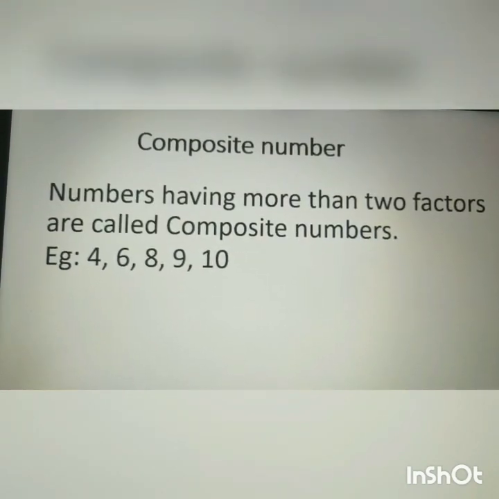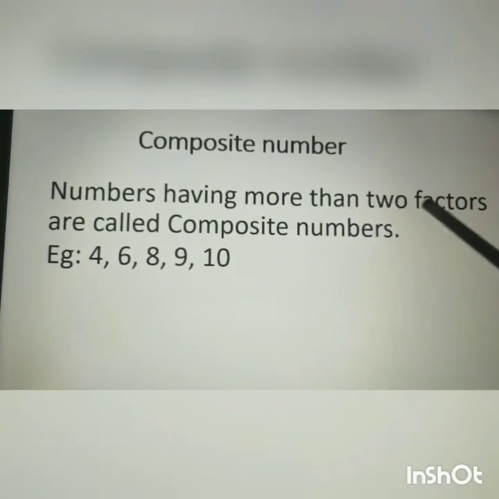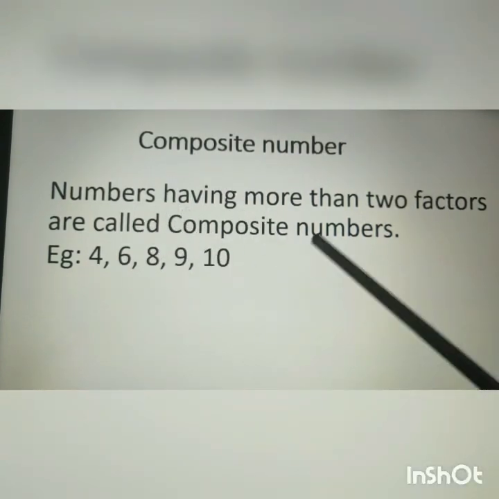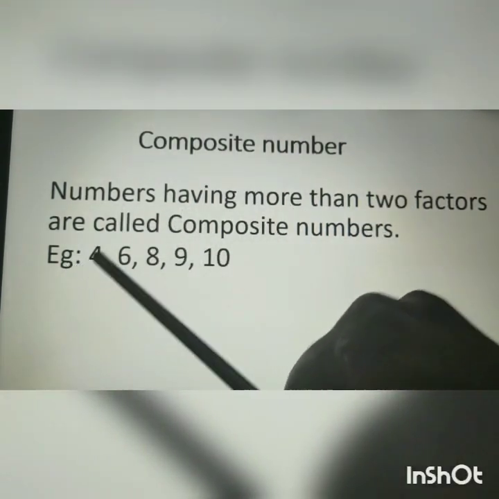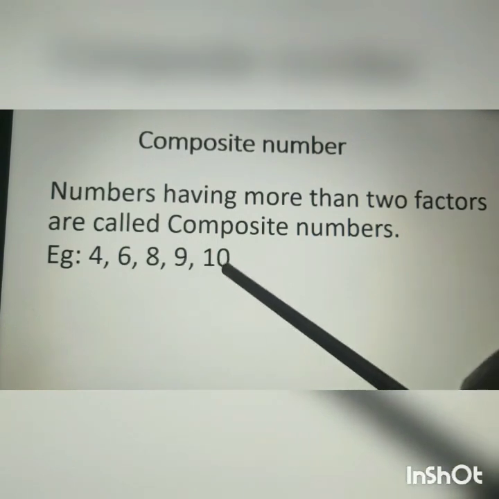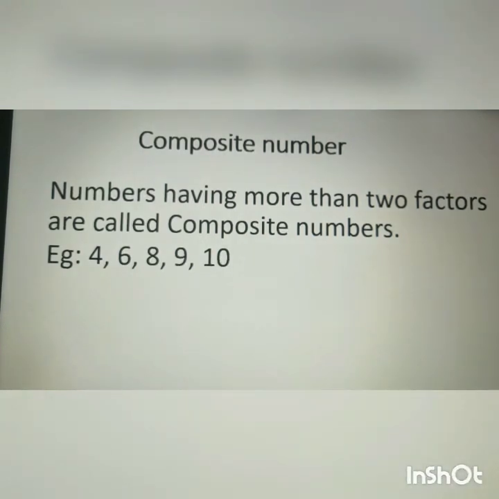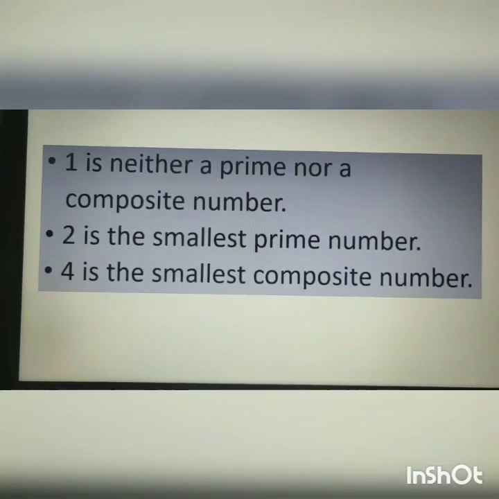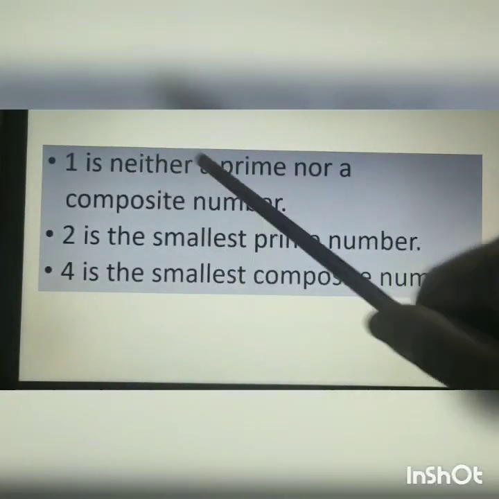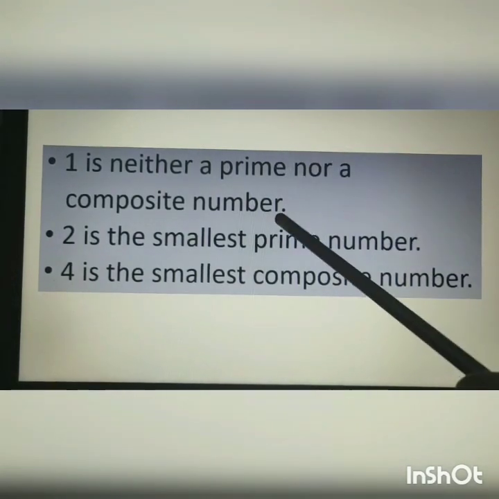Composite numbers. The numbers having more than two factors are called composite numbers. Example 4, 6, 8, 9, 10, etc. Their factors are more than 2. Please note, 1 is neither a prime nor a composite number.